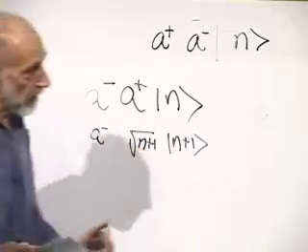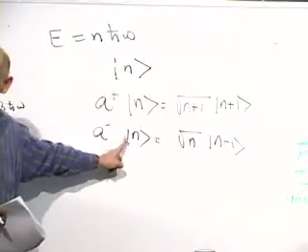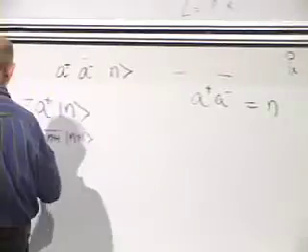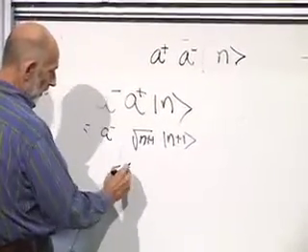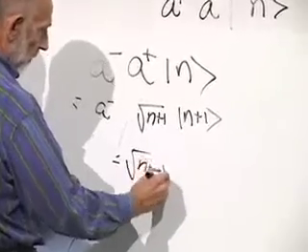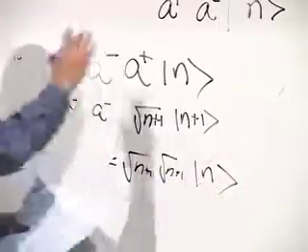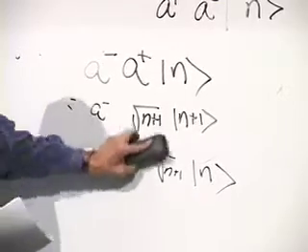Right? Whenever a minus acts, it gives you the numerical coefficient, which is the same as the thing inside here. So that gives you square root of n plus 1 times square root of n plus 1 again, times n. Brings you back down, but gives you the overall factor of n plus 1.